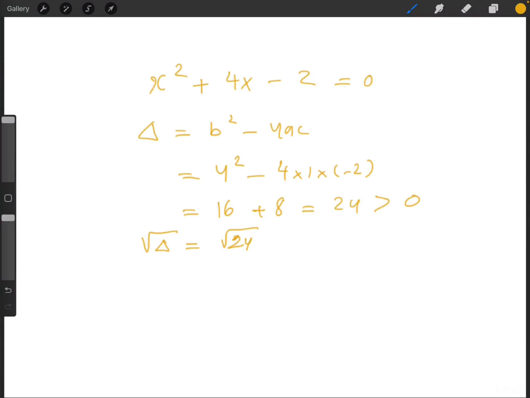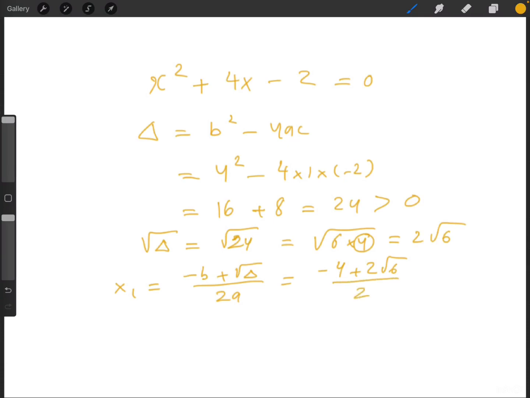So the square root of delta equals the square root of 24, which equals the square root of 6 times 4, which equals 2 times the square root of 6, because the square root of 4 is 2. So the quadratic equation has two solutions. x1 equals negative b plus square root of delta, divided by 2a, which equals negative 4 plus 2 square root 6, divided by 2.